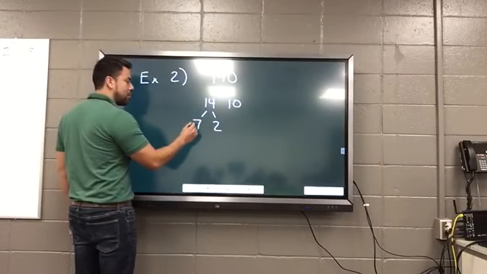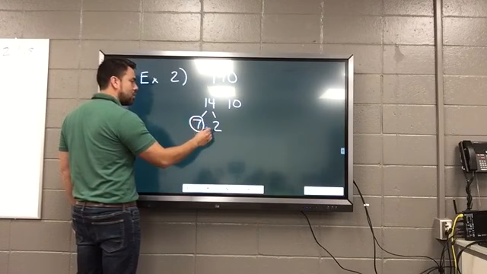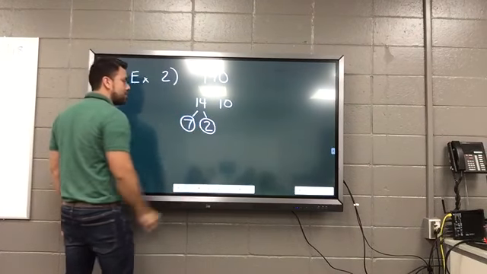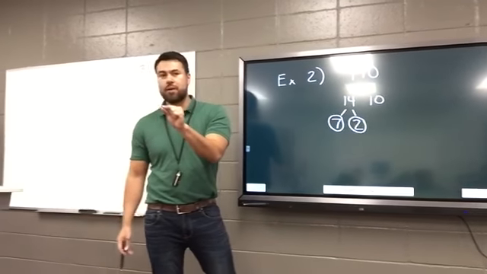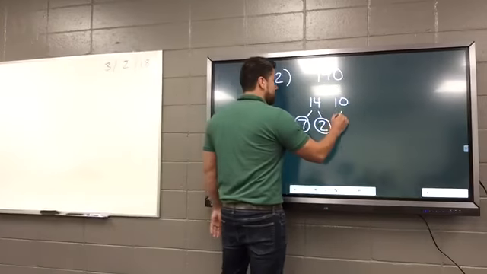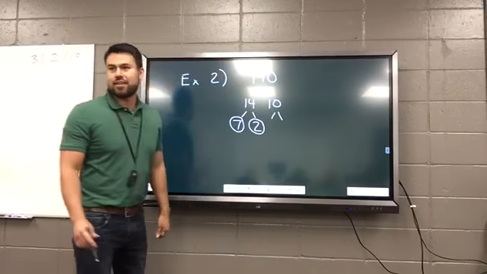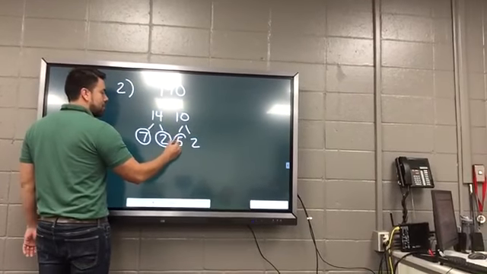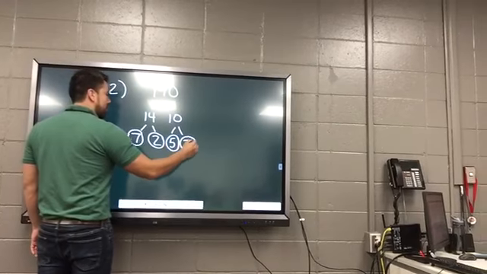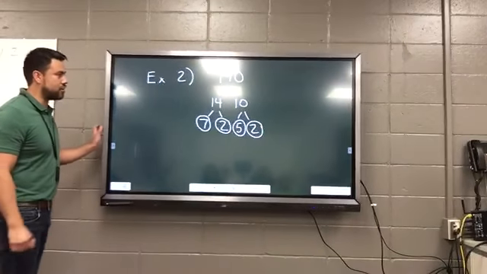Is 7 a prime number? So I'm done with it. Is 2 a prime number? Yep, I'm done with it. If either one of those was not prime, I keep breaking it apart. 10: 5 and 2. Is 5 a prime number? Is 2 a prime number? So we're done using the factor tree.